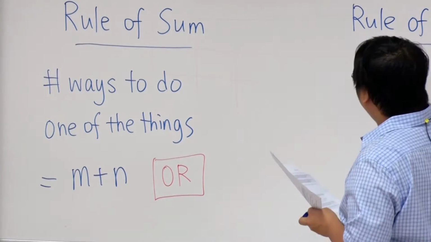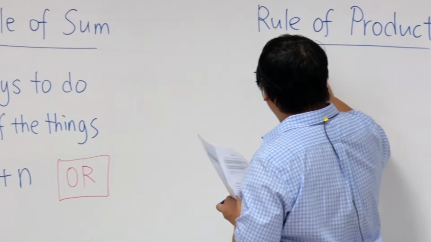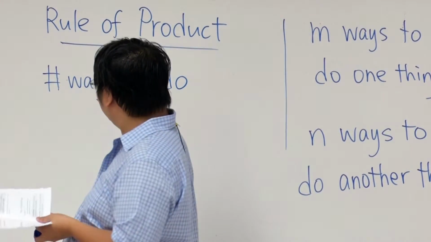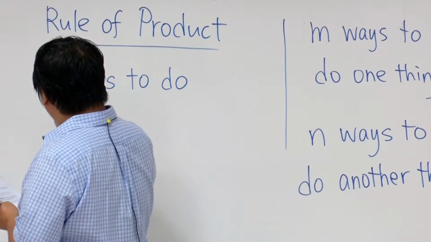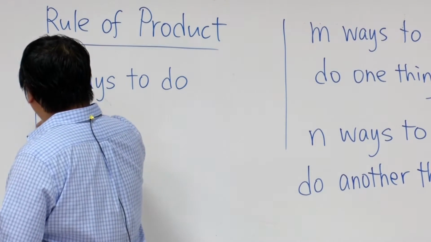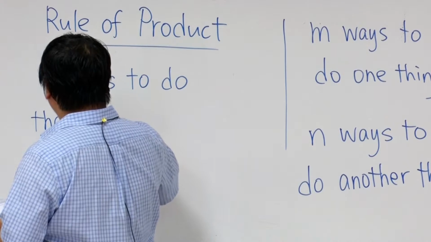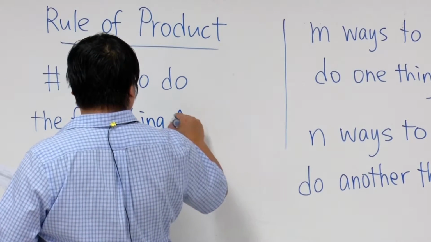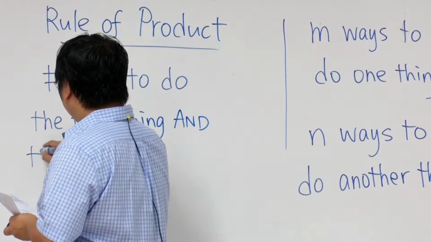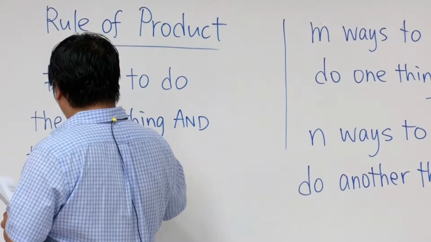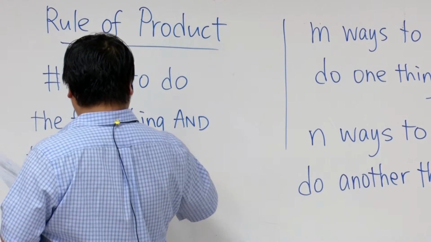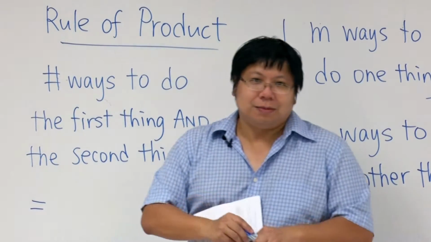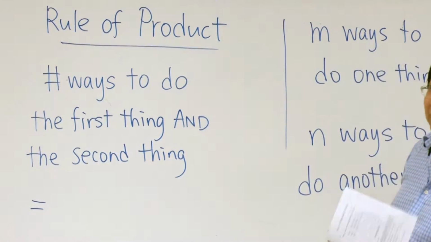The number of ways to do the first thing and the second thing will be equal to... Here, maybe 丰原 and 水木 is not a good idea.